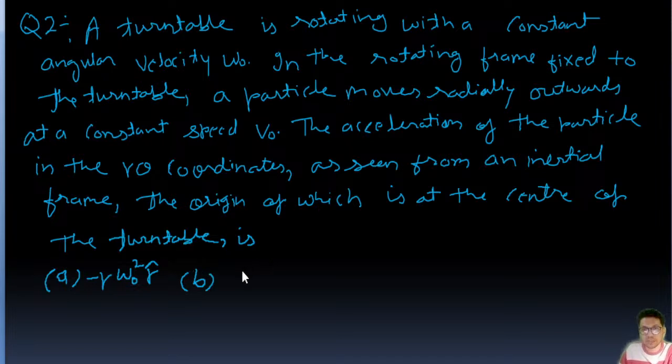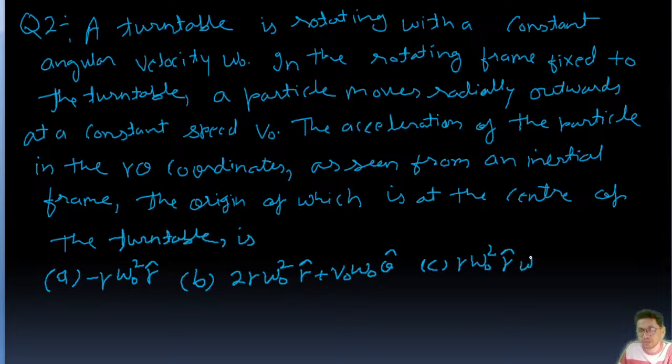Option B is 2r omega naught square r cap plus v naught omega naught theta cap.